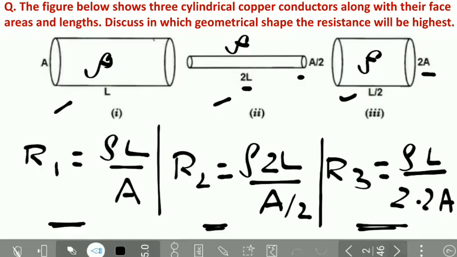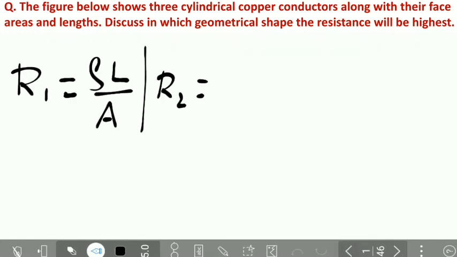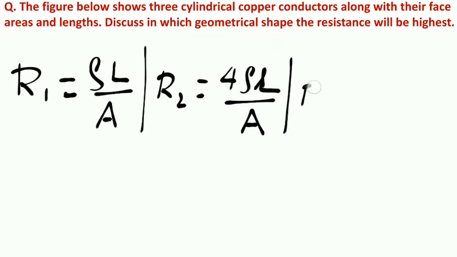Watch here. This 2 comes in the numerator and makes it 2 into 2, which is 4. So this will be 4 rho L upon A.